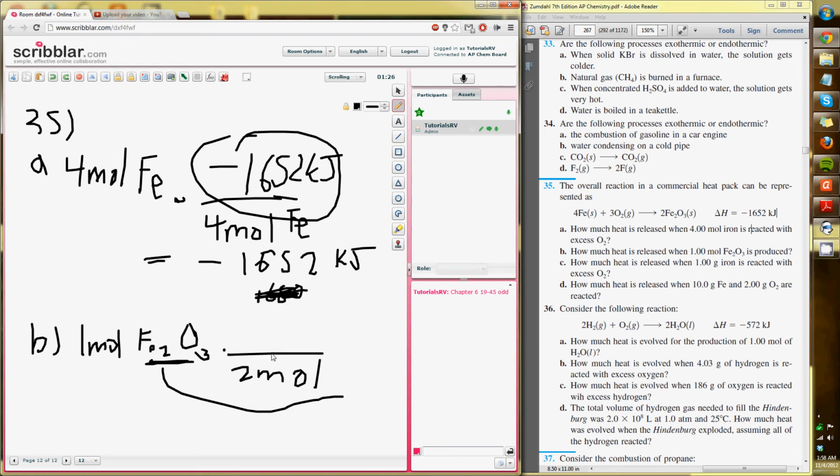They're the same product, if you didn't know. And this was negative 1652 kilojoules. And the answer becomes negative 826 kilojoules.